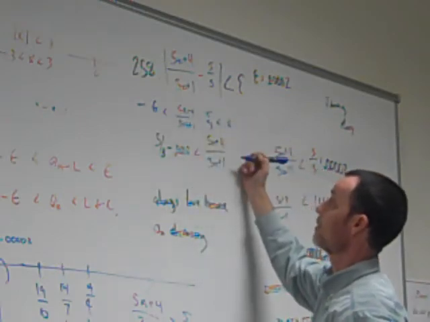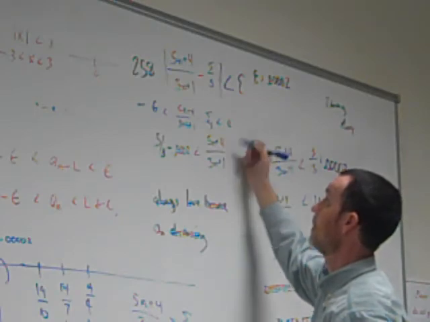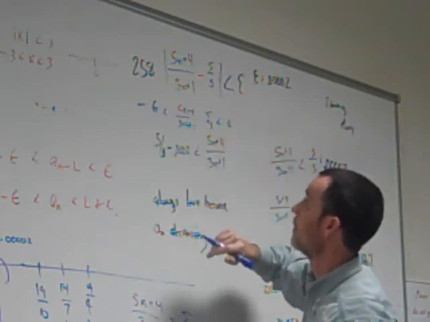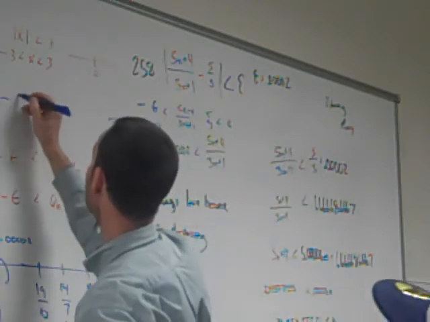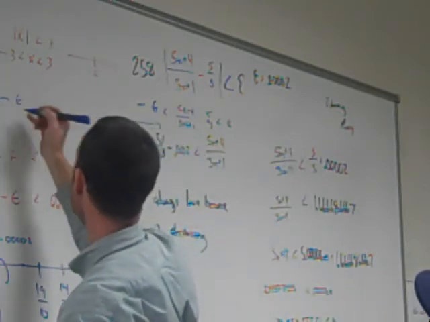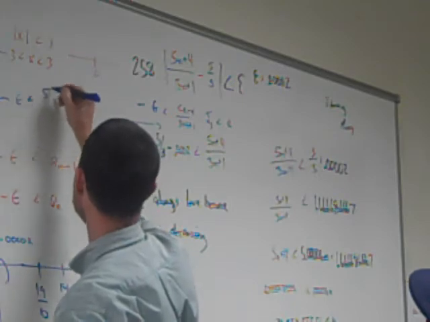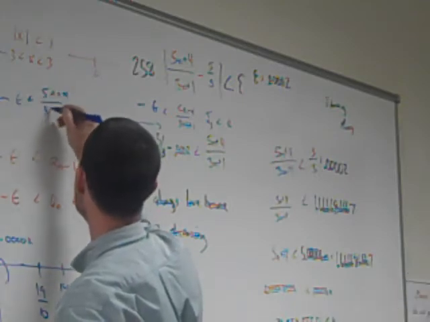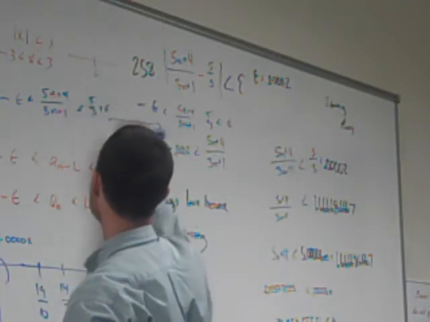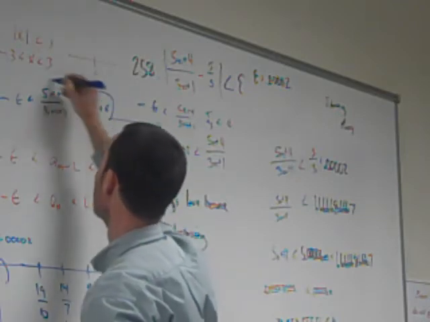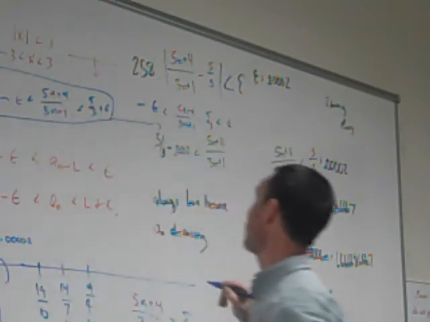Then I add the 5/3 to both sides. 5/3 minus epsilon less than 5n plus 4 over 3n plus 1 less than 5/3 plus epsilon. All right, insert that right there.